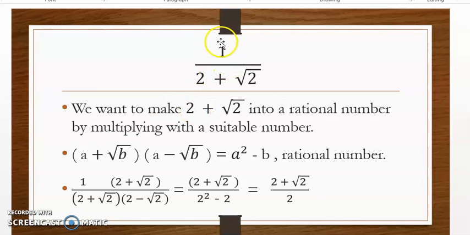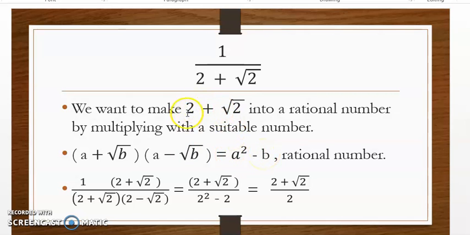Let us look at another example. We have 1 by 2 plus root 2. So the denominator contains a number with a radical sign. So I want to change this into a rational number. We know the identity a plus root b into a minus root b is a square minus b, and the answer will be a rational number.